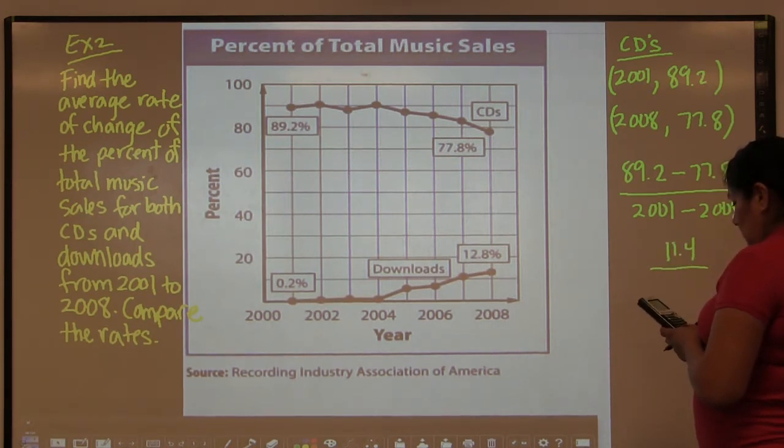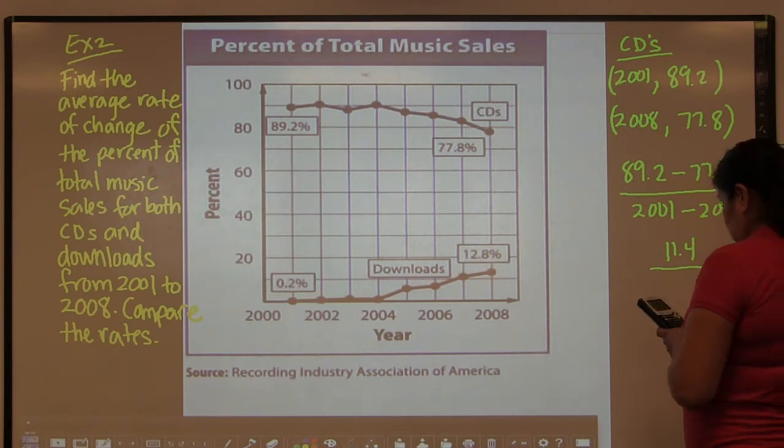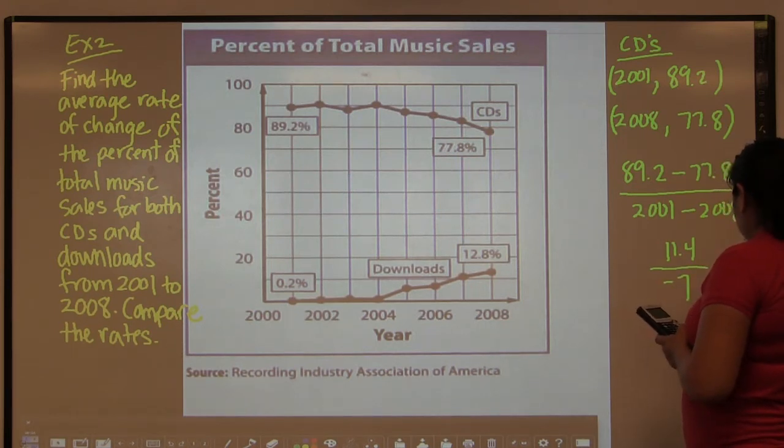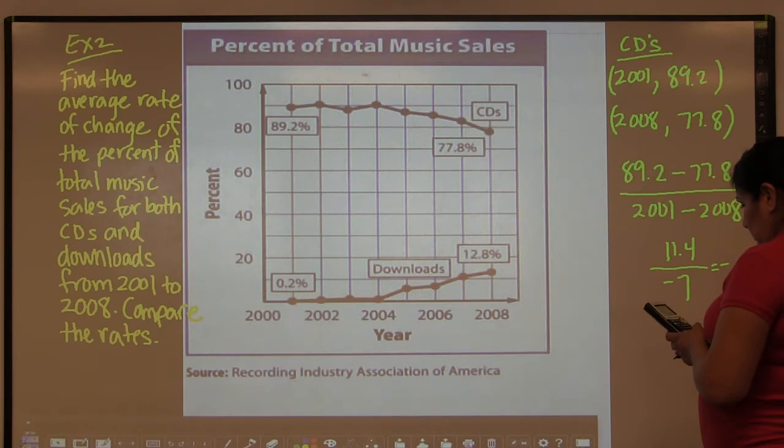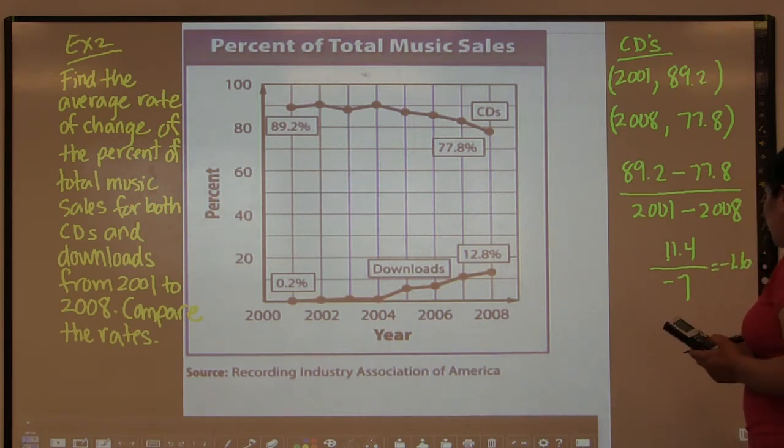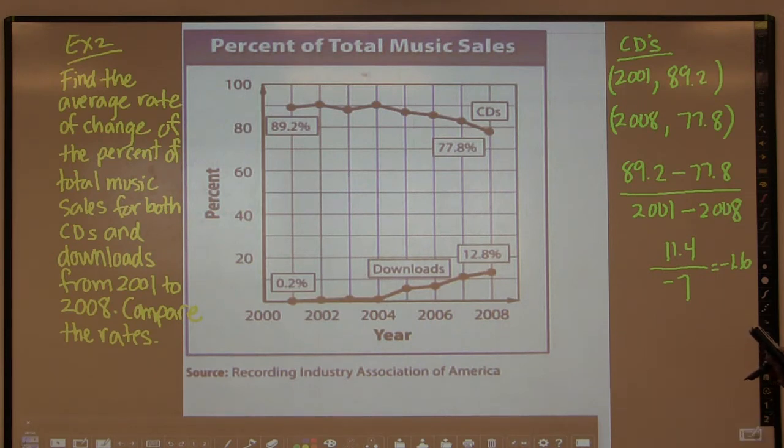And 2001 minus 2008 is -7. So 11.4 divided by -7 is -1.6. So again, because it's negative, that means that our sales in CDs is decreasing by 1.6% each year.